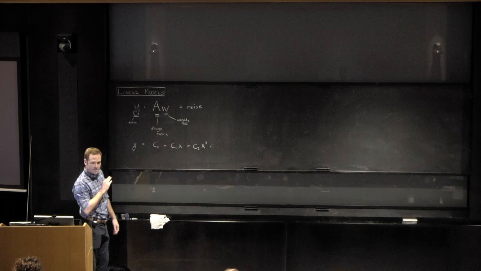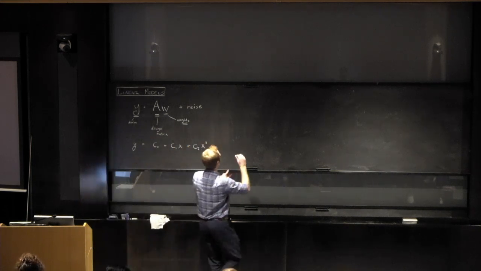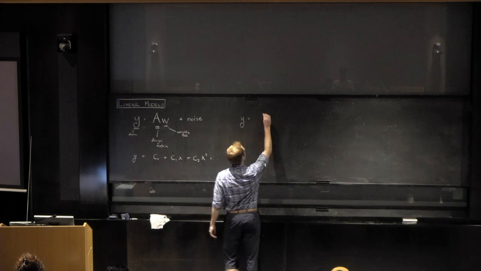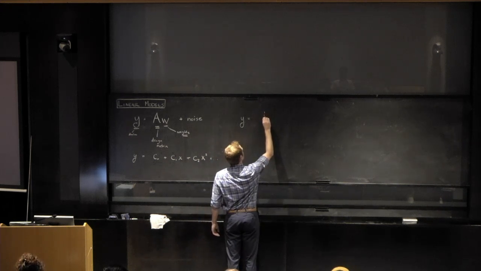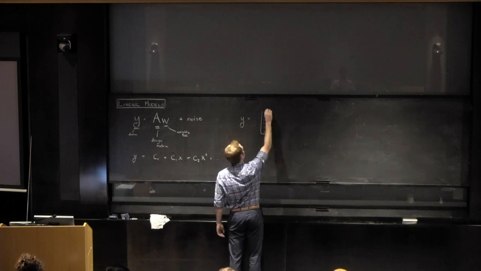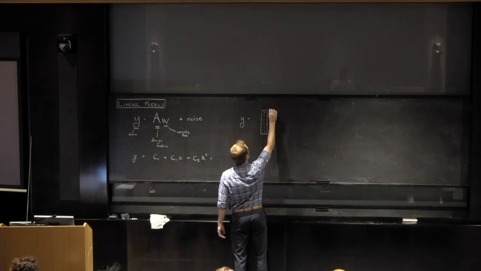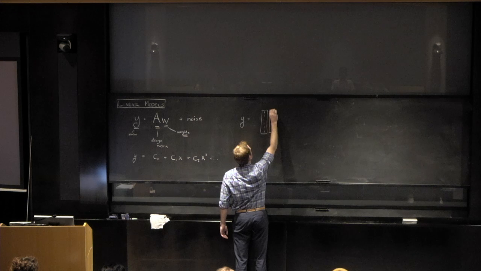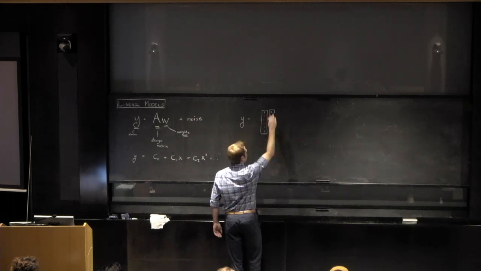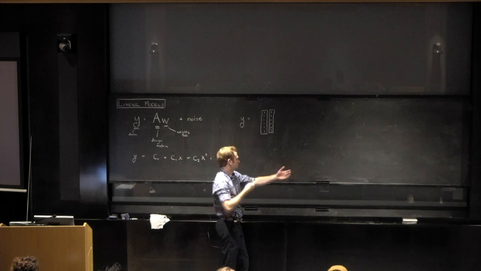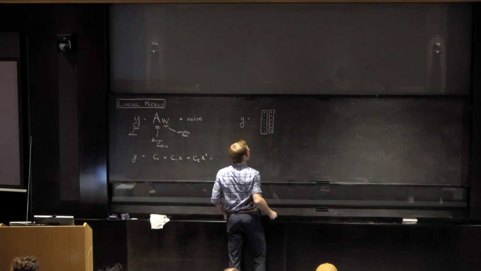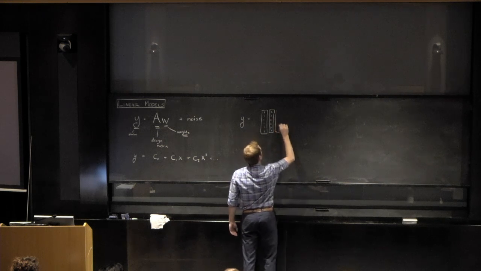So I can write this as the following matrix equation. I can say that y is equal to a matrix that looks like this. The first column of the matrix is a bunch of 1s. The second column is the value of x evaluated at every point. This could be time or some other quantity.